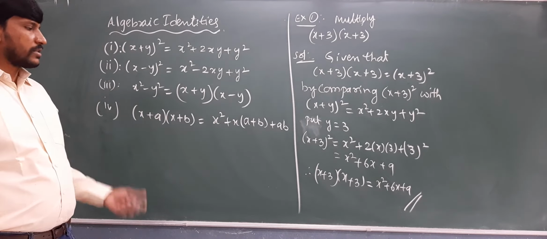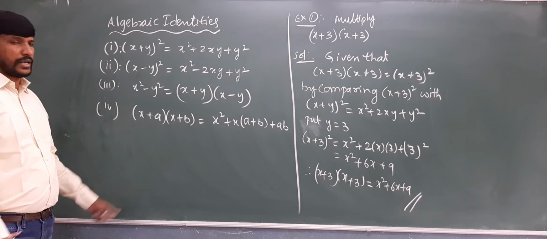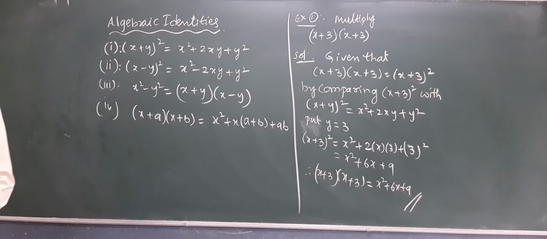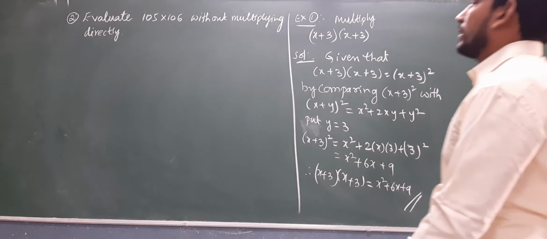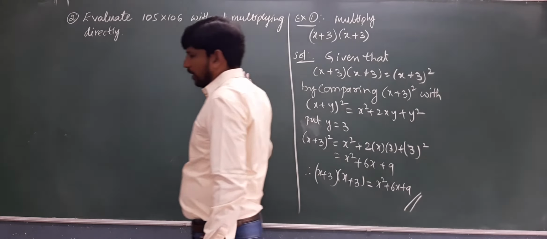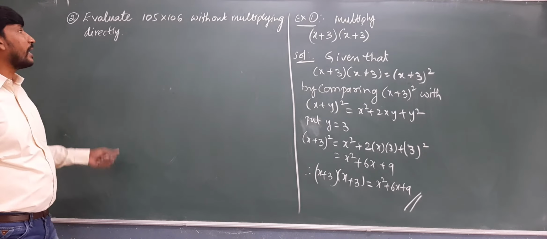Okay, let us discuss one more example from the same identity or another identity. Now children, see this problem. Evaluate 105 into 106 without multiplying directly.